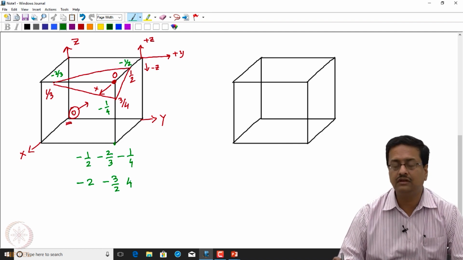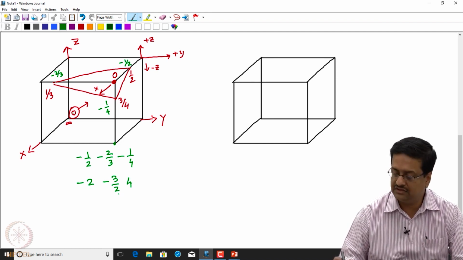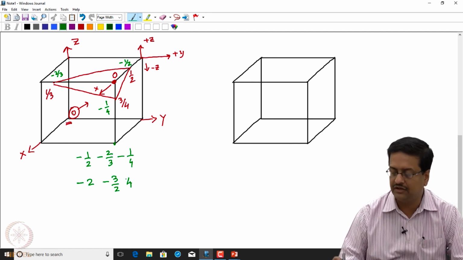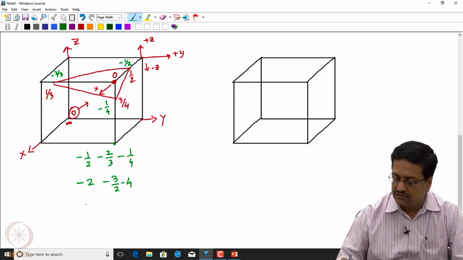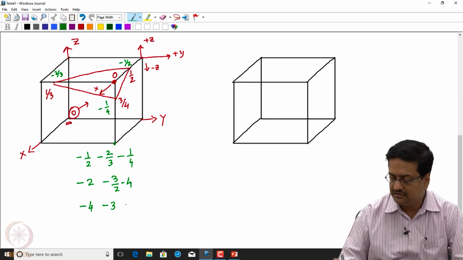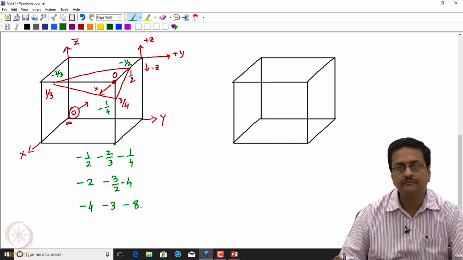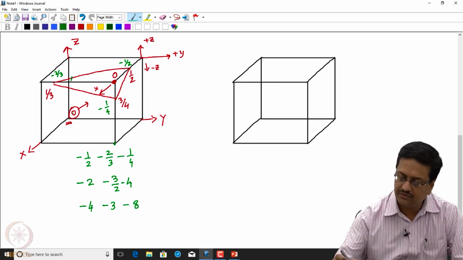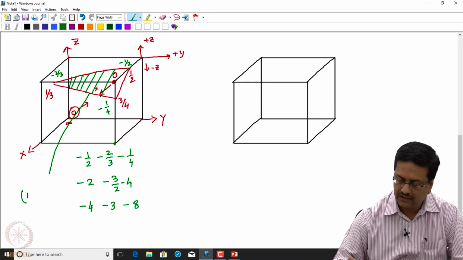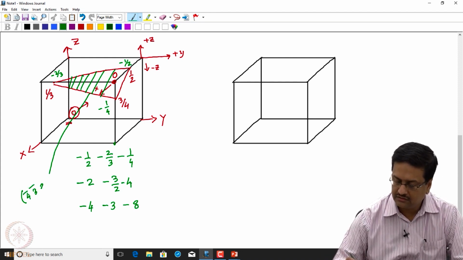So now we need to clear the fractions, so we multiply by 2. So it is minus 4, minus 3, minus 8. So the Miller indices for that particular plane becomes 4 bar, 3 bar, 8 bar.